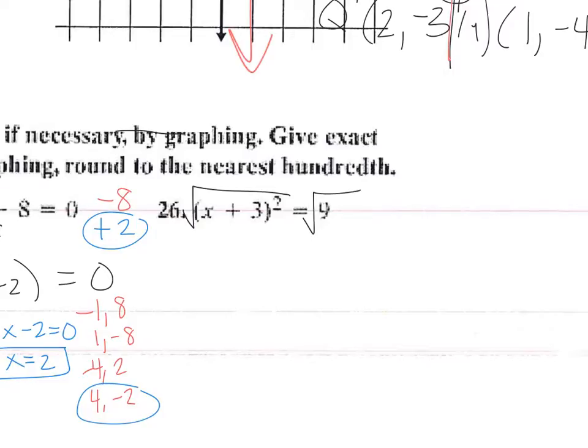So when I take the square root of this, these are inverses so they cancel out. So I get x plus 3 equals, the square root of 9 is 3. Because I'm squaring this, and this is equal to a positive number, technically x plus 3 squared could actually be equal to a negative number too.